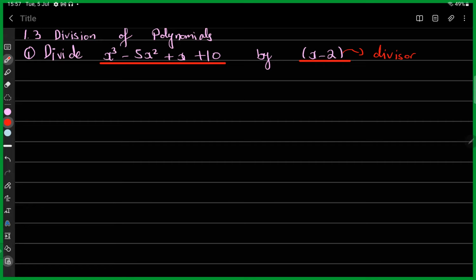So the way we do simple usual division of numbers, we will be doing it in the same way. So let me just write it down. Okay, it's going to be x minus 2, and here we have x cubed minus 5x squared plus x plus 10.